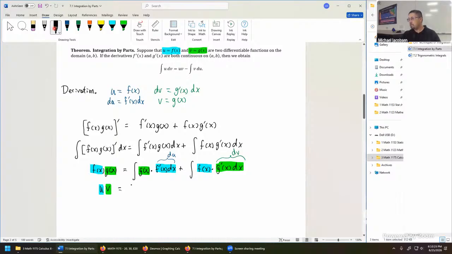It's equal to the integral of g of x is v, times du, or we would just really say v du is the better way to indicate that, plus f of x here is just the u function dv, so u dv.